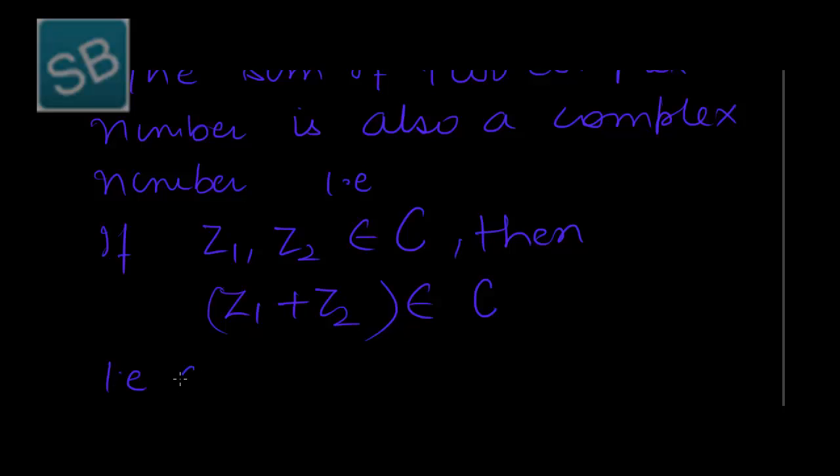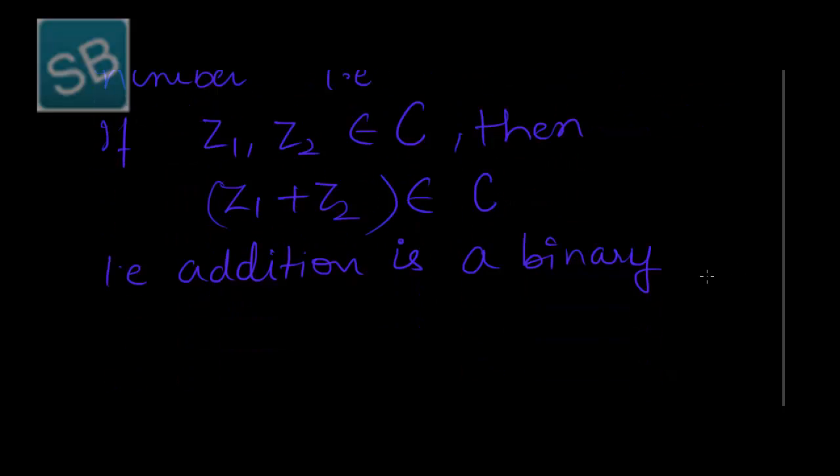That is, addition is closed under the closure property, and addition is a binary operation on complex numbers. What is a binary operation? If we have two elements of a set and their addition or product belongs again to that set, that is called a binary operation on real numbers, complex numbers, integers, or some other number system.